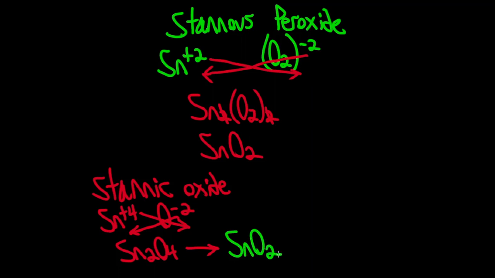Okay, now how am I able to differentiate these? If you go into a warehouse or something and they have stannous peroxide in there or stannic oxide, and you really don't know what it is because all they have is the formulas written on the container for some reason.